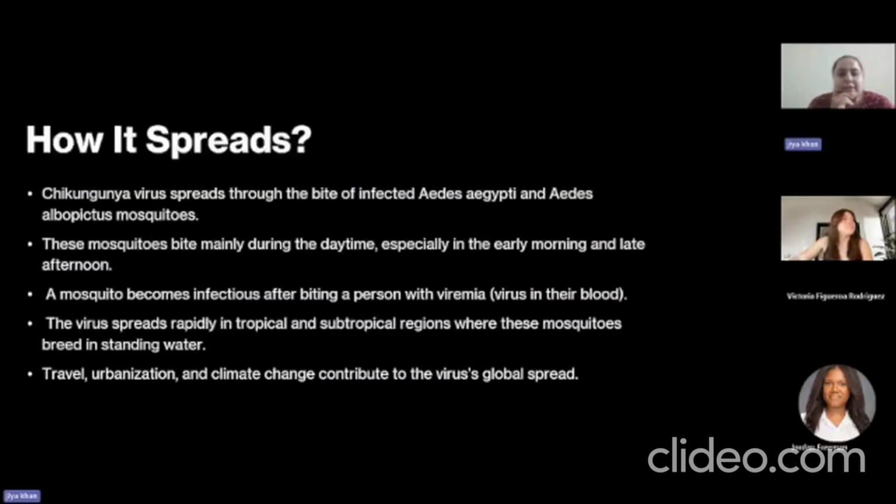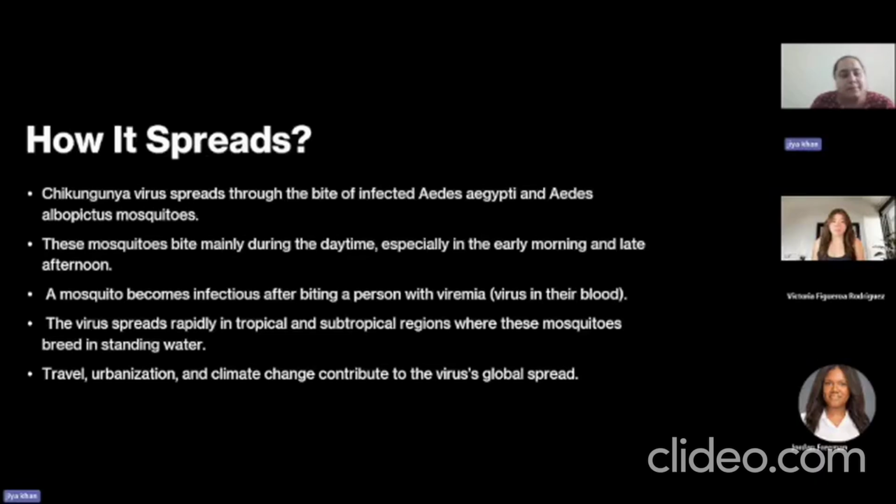All right, so I will start with how it spreads. Chikungunya spreads through the bite of infected Aedes aegypti and Aedes albopictus mosquitoes. These mosquitoes are mainly active during the daytime, especially early in the morning and late in the afternoon.